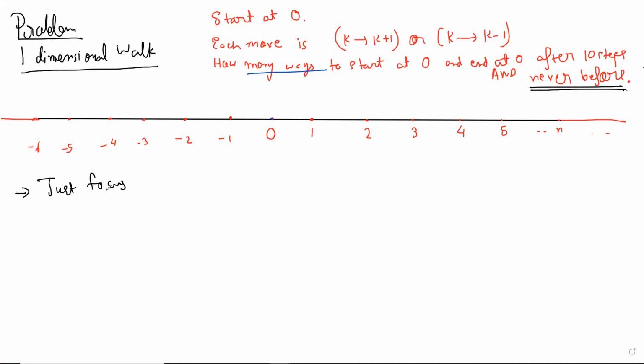Because if you can answer there, then you can just multiply by 2 for the negative part. Now again, this is a problem which is slightly complicated. We will not solve it today, but we will see connections.